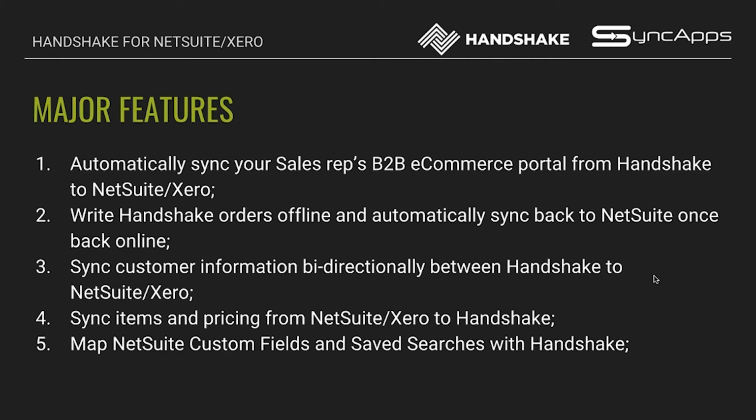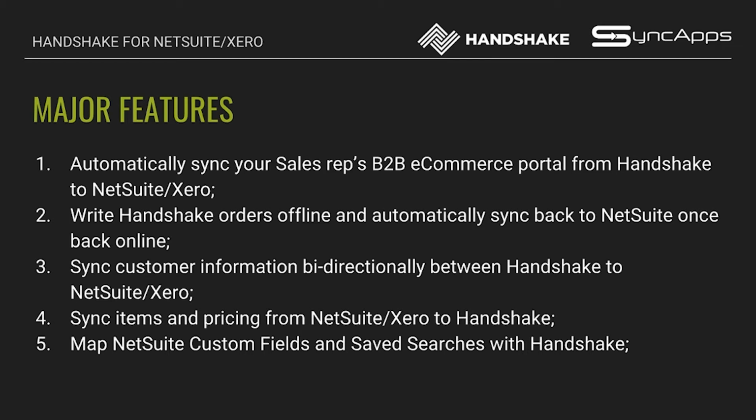Okay. So Handshake for NetSuite and Xero integration. Major features are as follows. Firstly, you have the ability to automatically sync your sales representative's B2B e-commerce portal from any mobile device in Handshake to NetSuite or Xero. Aside from this, you can write Handshake orders even offline and automatically sync back to NetSuite once back online.